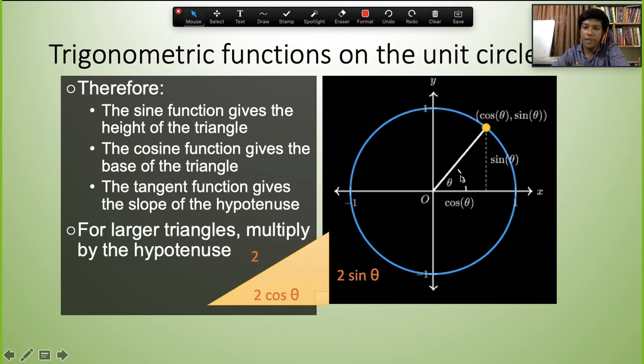So now if it is larger, then what will happen? Suppose for a unit circle this is 1, but suppose it is 2, then instead of sin theta it will be 2 sin theta, because the length is now double. If it is 3, it will become 3 sin theta. No complication, no additional complication here.